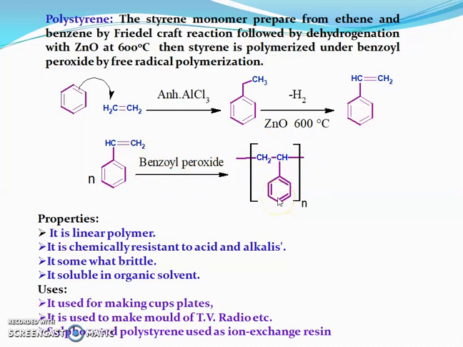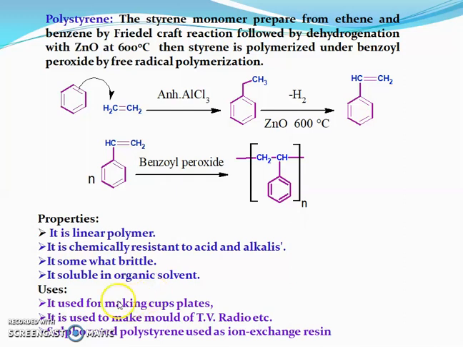The monomer of polystyrene is styrene. Now we will discuss the properties of this polymer. Polystyrene is a linear polymer and it is chemically resistant to acids and alkalis. It is also somewhat brittle, and it is soluble in some organic solvents.